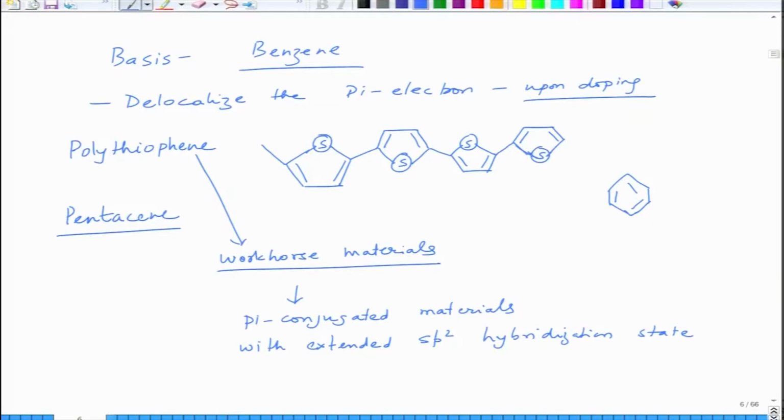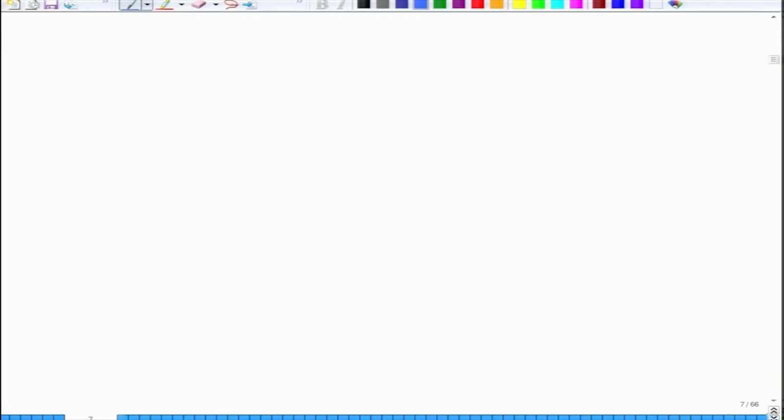If you look at a conductivity comparison, polythiophene, for example, the dopant in this case is SO3CF3-, and if you look at sigma values in Siemens per centimeter, it gives you a value of 10 to 20. Okay, it's quite strongly conducting.